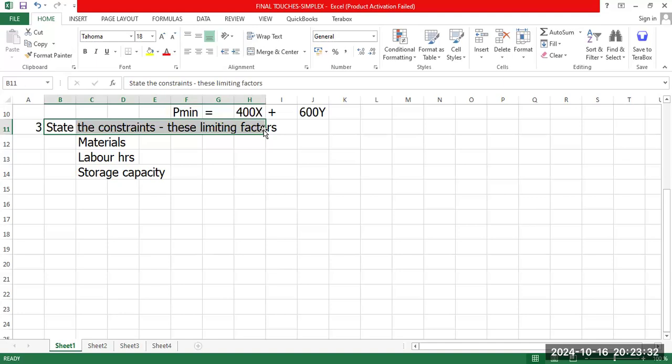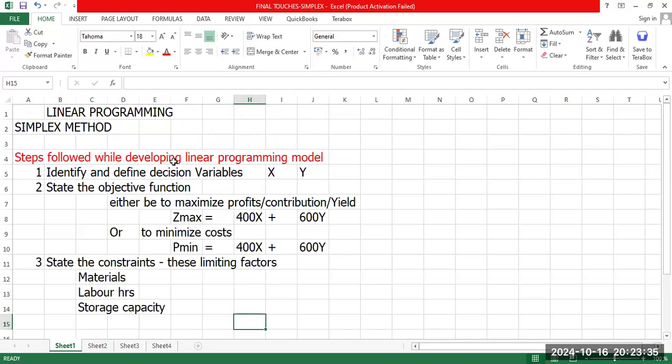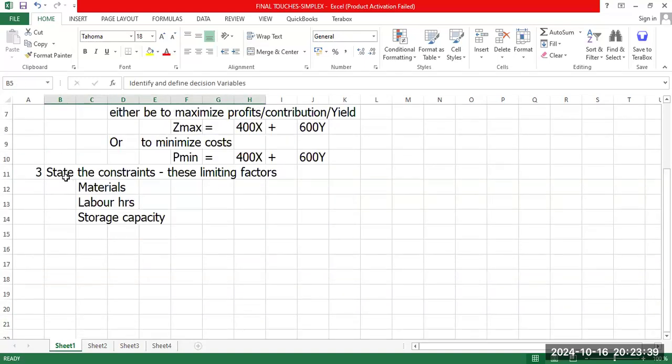Once you identify the constraints, you'll be in a position to know what the decision variables are. And how can you easily identify constraints? You'll be looking for those words I told you: words like available, words like at least, words like at most.